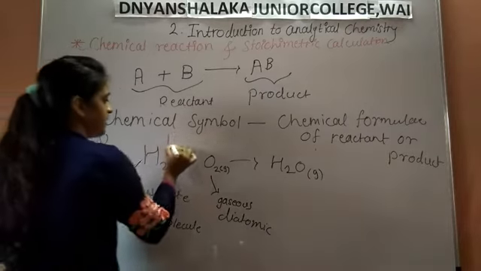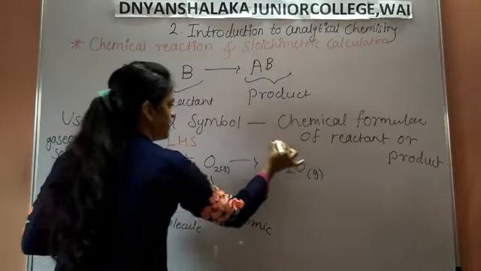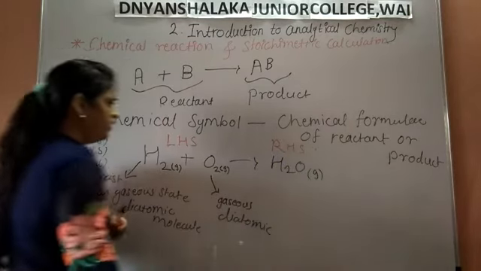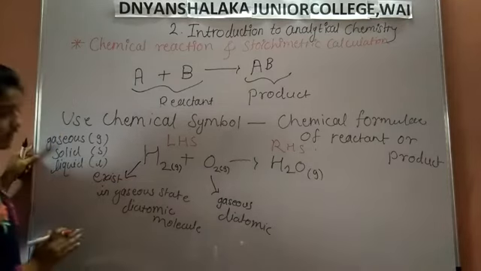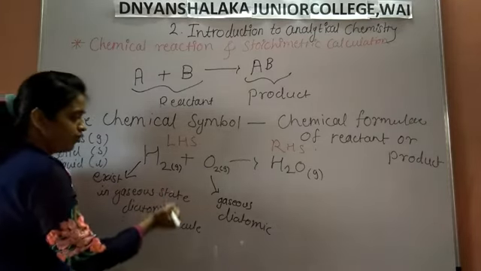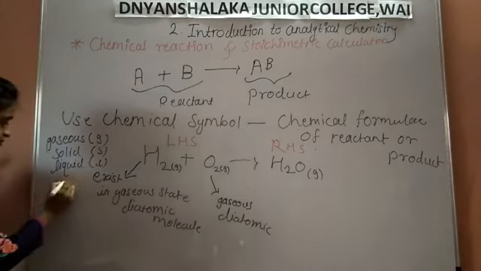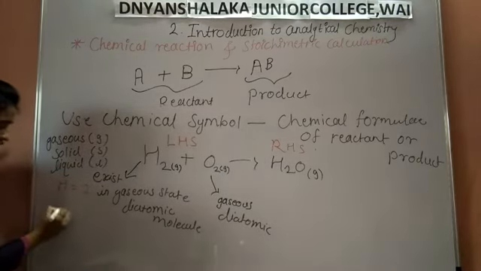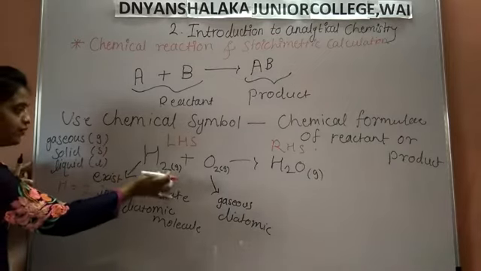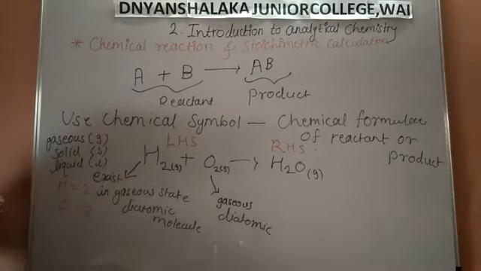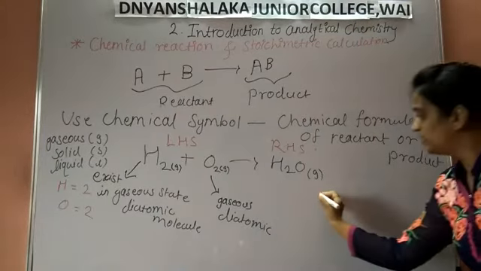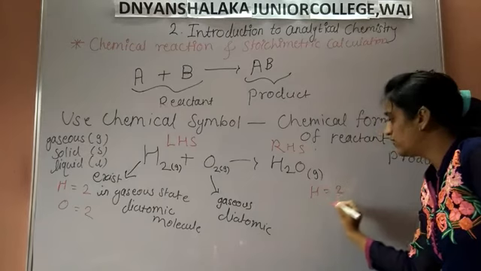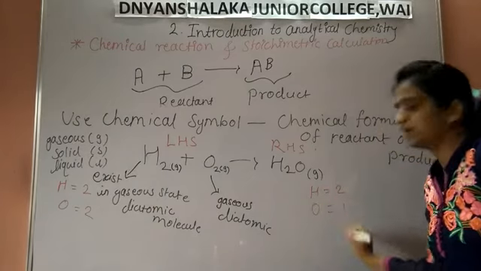This is the left hand side and this is the right hand side. On the left hand side, the hydrogen molecule has 2 atoms and the oxygen molecule has 2 atoms. On the right hand side, hydrogen has 2 atoms but oxygen is only 1 atom.